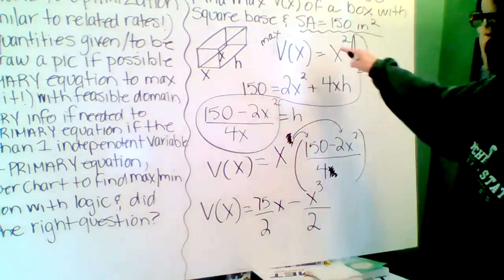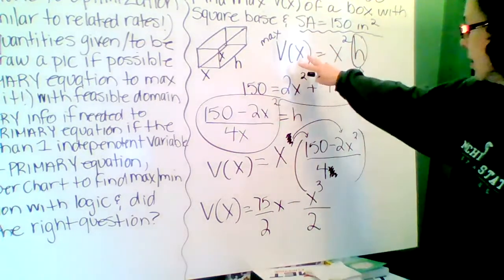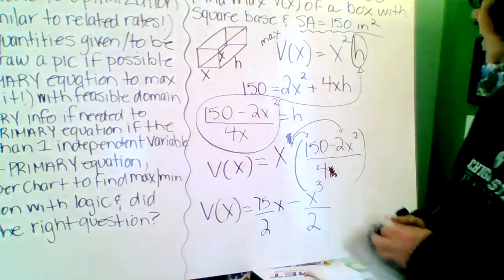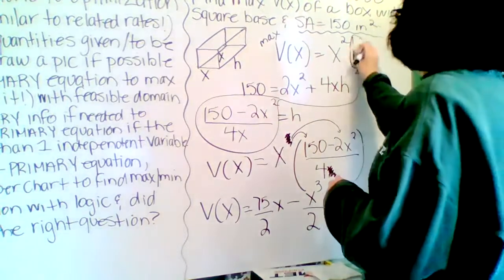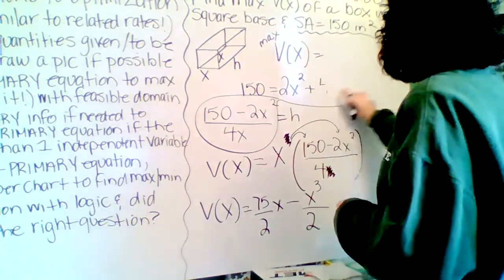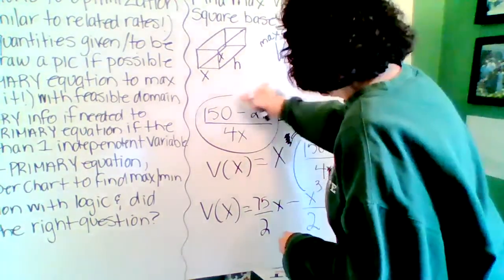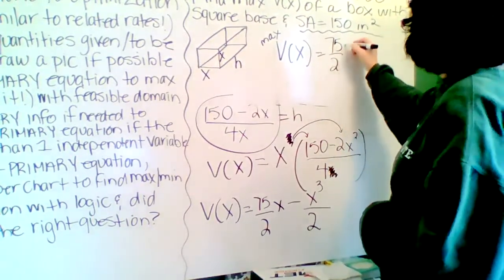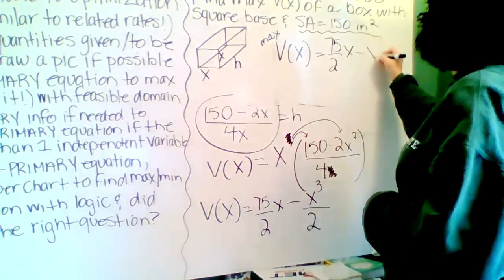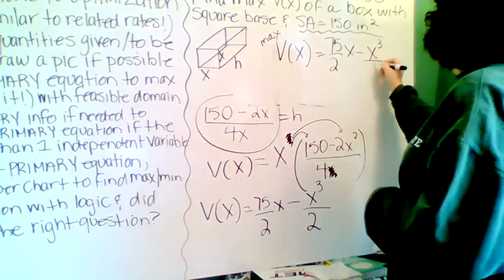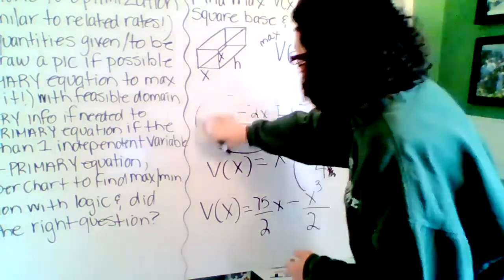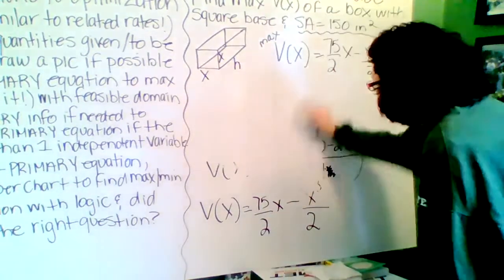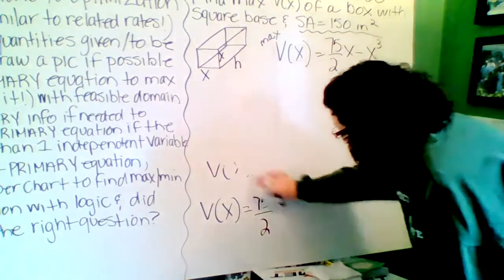I'm going to come back up to the top. I'm going to replace this, and then we'll take the derivative and go from there. Okay, so 75 halves x minus x cubed over 2. This looks much better to me to take the derivative of.